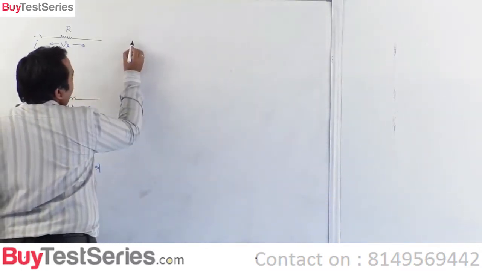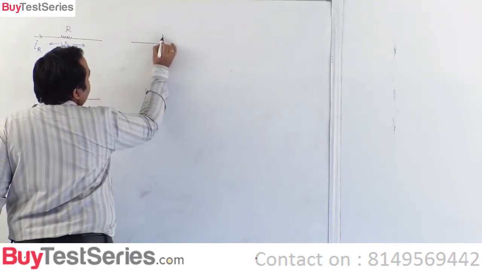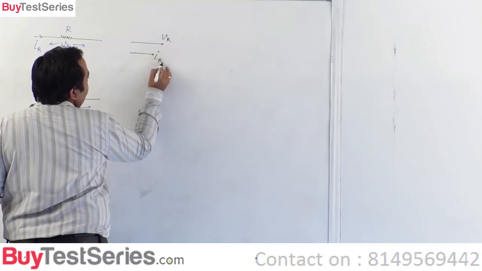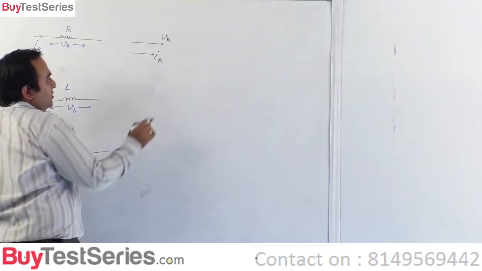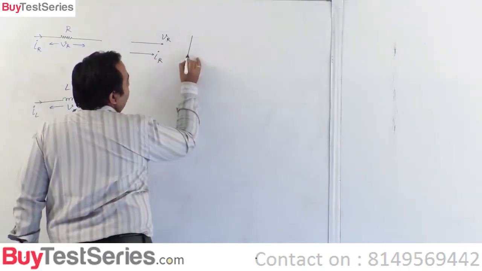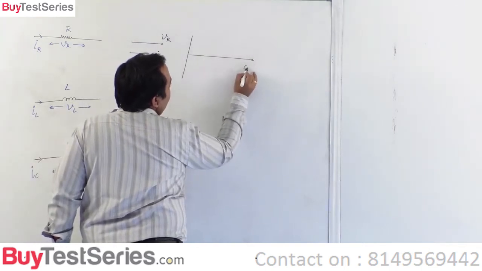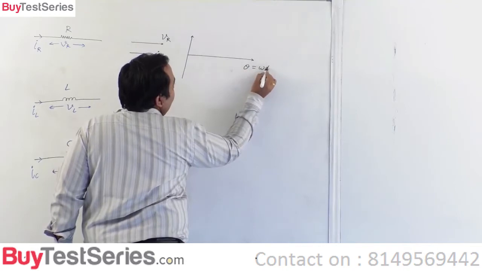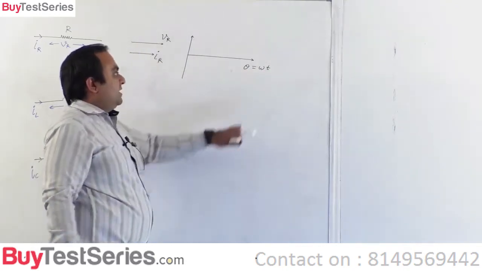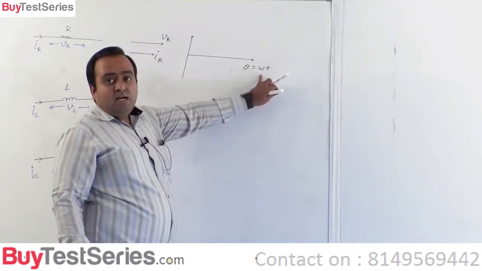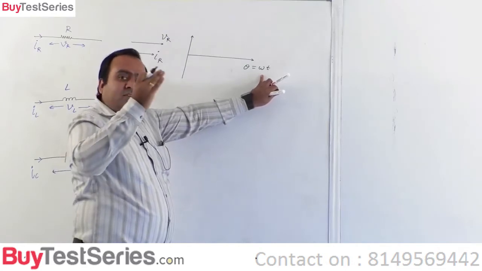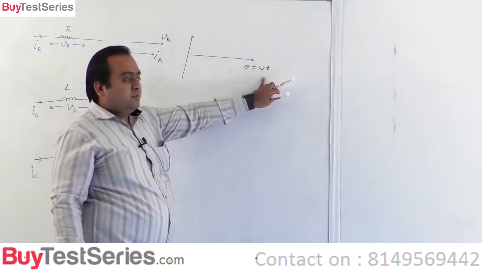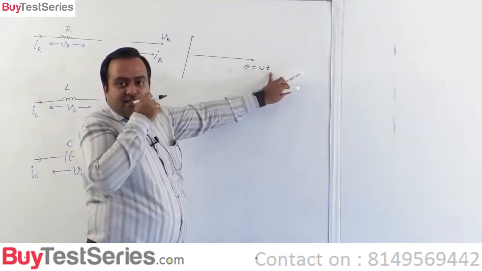Now you are all aware of this. Here, if this is VR, then IR will be in phase with this. Alright, so if you have theta is equal to omega t, here omega is in radians per second. What is omega? It is the angular velocity with which the phasor is rotating, which is always in radians per second, and t is in seconds.